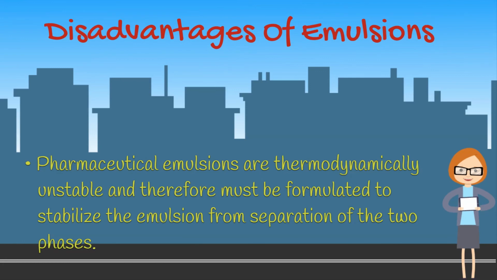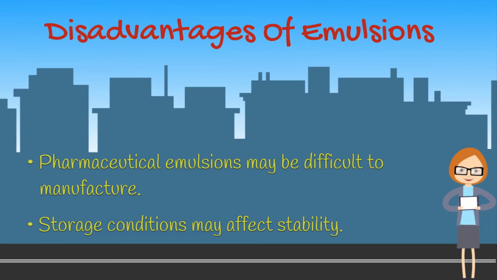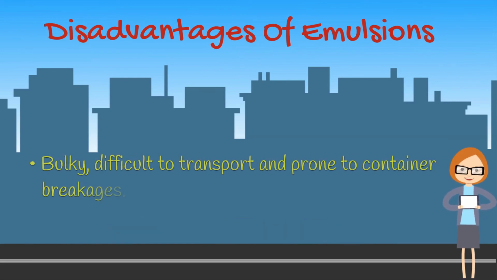This is, by no means, straightforward. Pharmaceutical emulsions may be difficult to manufacture. Storage conditions may affect stability. They are bulky, difficult to transport, and prone to container breakages.